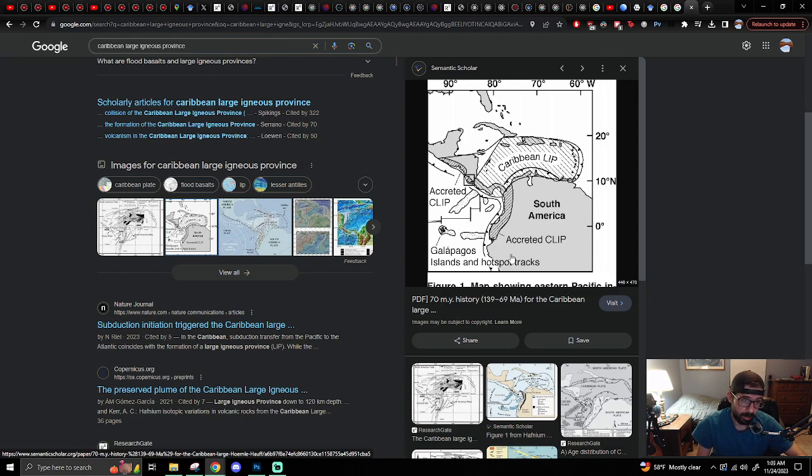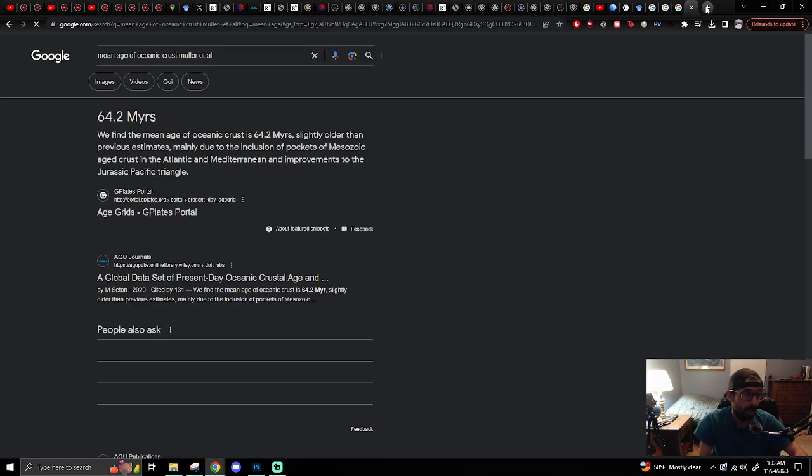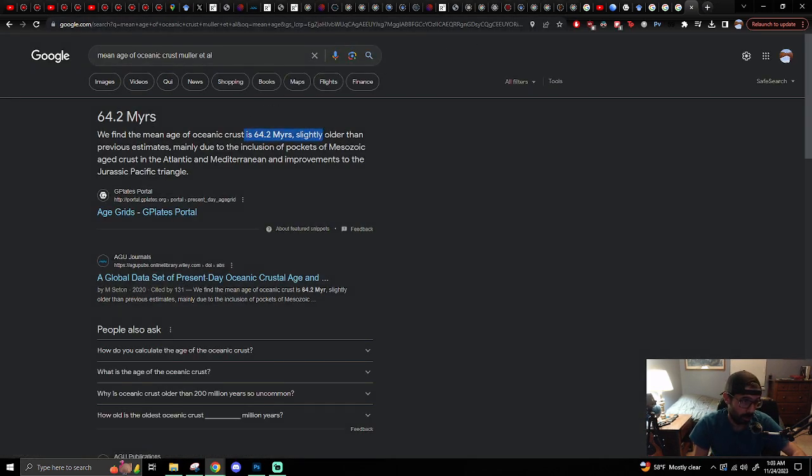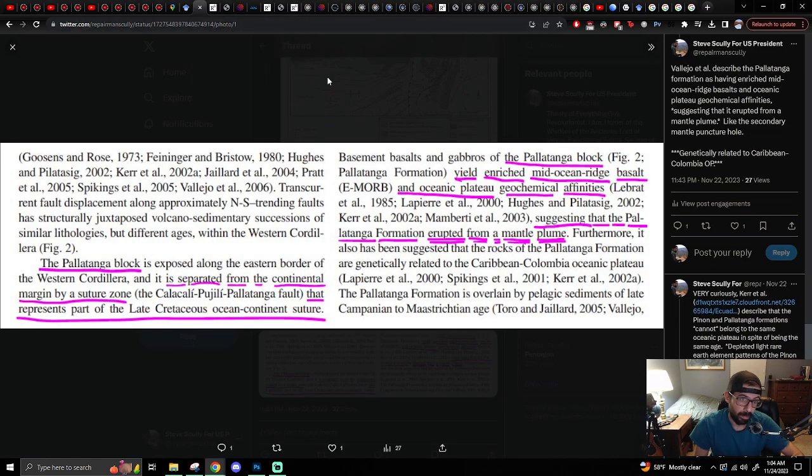The mean age of the oceanic crust, if we look at mean age, oceanic crust is 64.2, slightly younger than the KT boundary when the Earth rapidly began to expand. So more of the oceanic crust formed after rapid expansion of the Earth began, when the continents broke apart at the KT boundary.